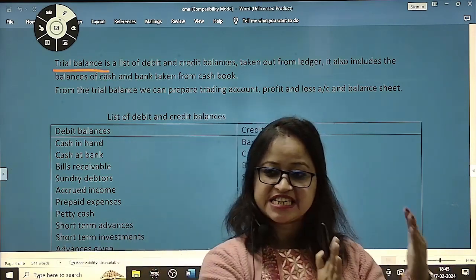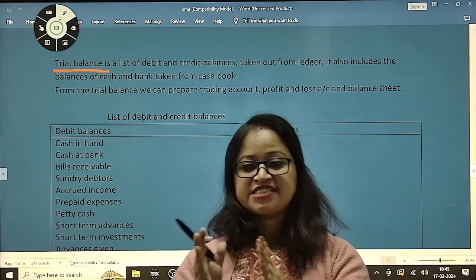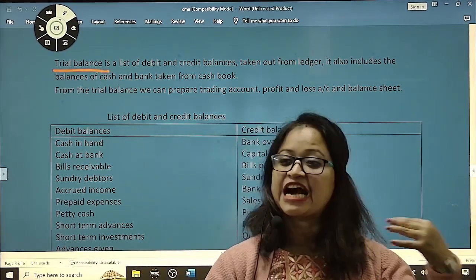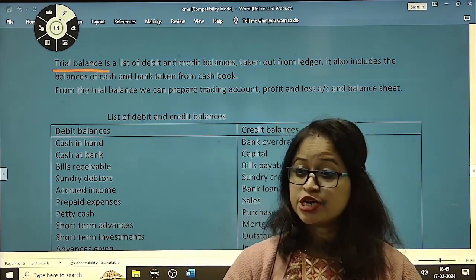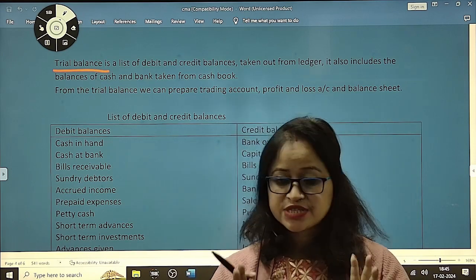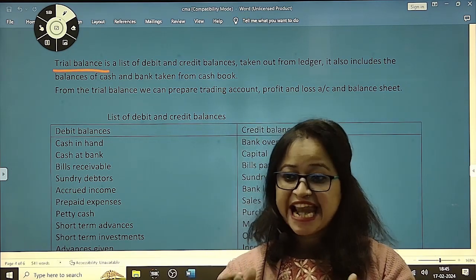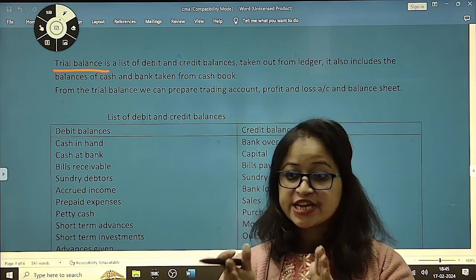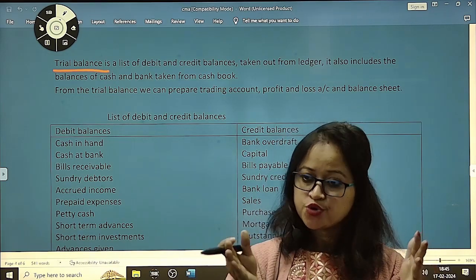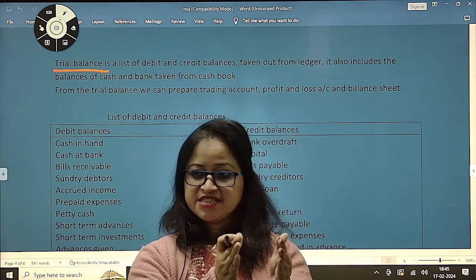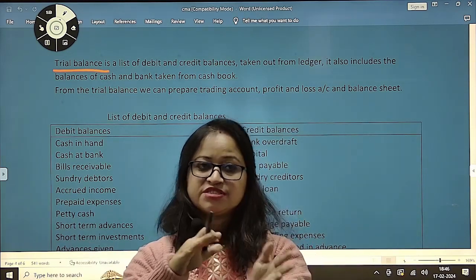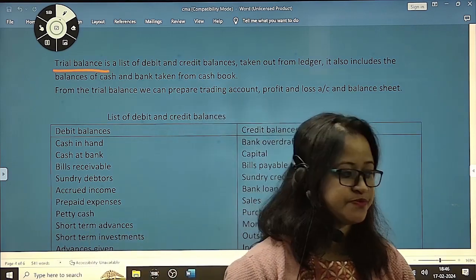If the debit side is 2 lakhs, the credit side also has to be 2 lakh, otherwise your question is wrong. Or maybe the accountant who made the journal entry or posted into the ledger made a mistake somewhere, so that's why the trial balance is not equal. In the journal entry I have shown you that every debit has a credit of equal amount, 2 lakh, 2 lakh, 3,000, 3,000. Understood?